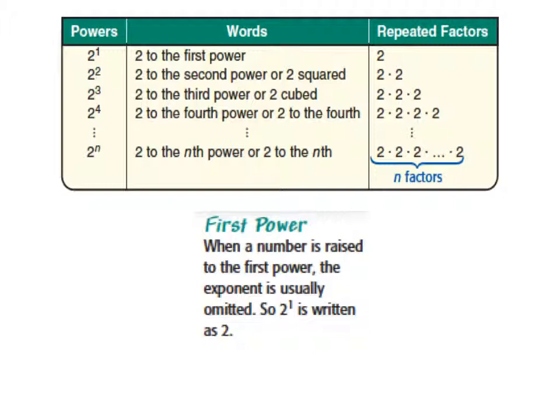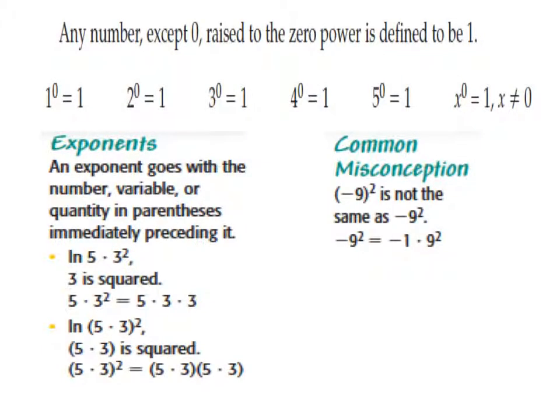When a number is raised to the first power, the exponent is usually omitted. So 2 to the first power is written just 2. It's just one of those things we acknowledge, like there's always a number 1 in front of a variable. We just omit it because it's already known. In this slide, we continue on with the parts of our exponents and powers.